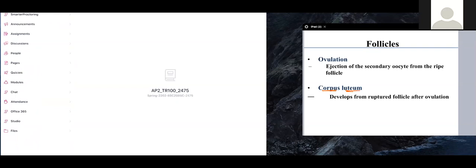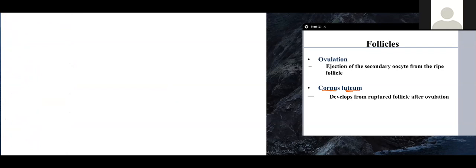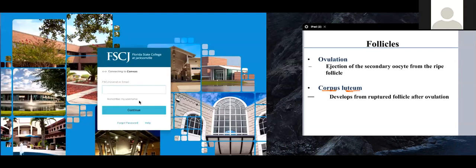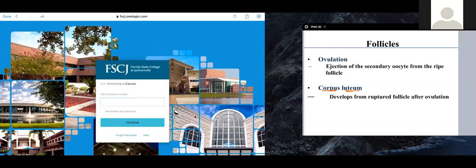Once you open your course shell on Canvas, one of the choices on the side here is going to be Smarter Proctoring. It will be directing you, and they will be telling you the requirements to take the test before you complete it.